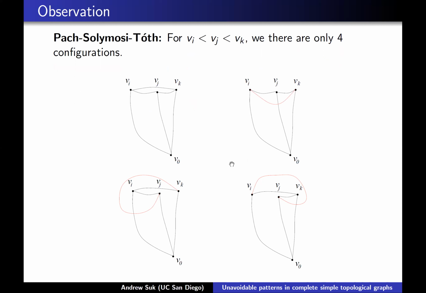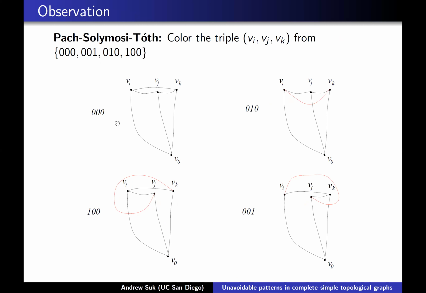And there's basically only 4 configurations of K4 with these vertices labeled in this simple way. And these are the 4 configurations which they labeled like this.